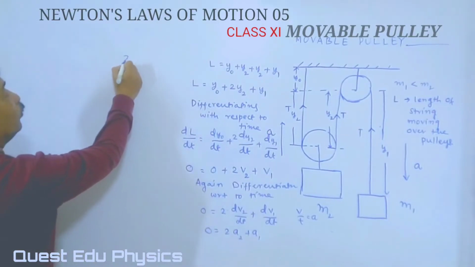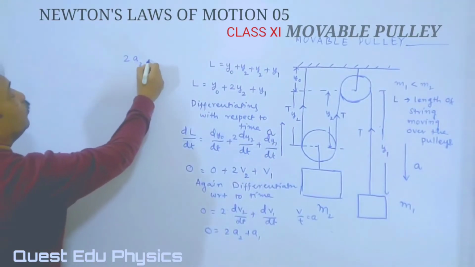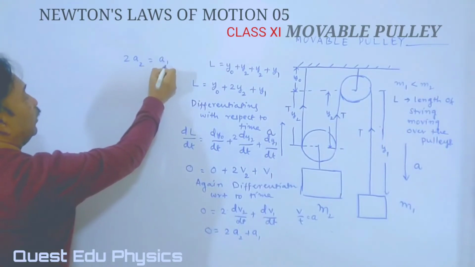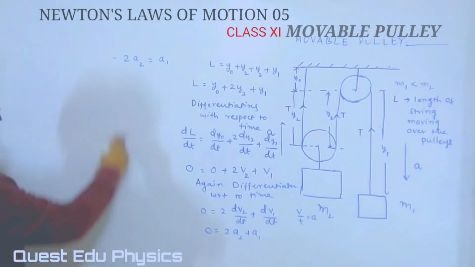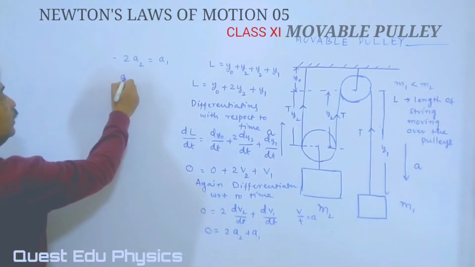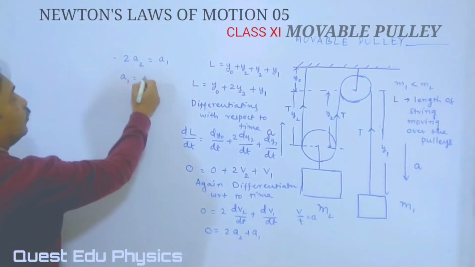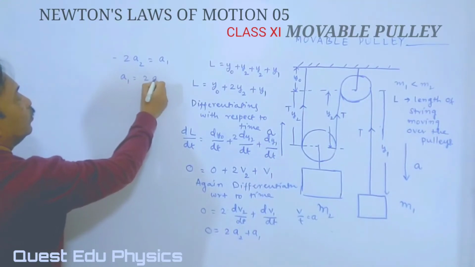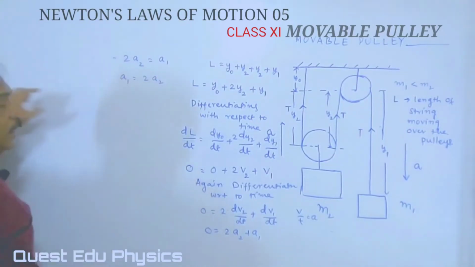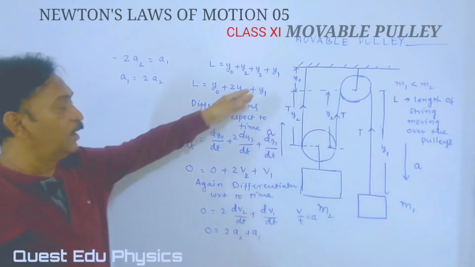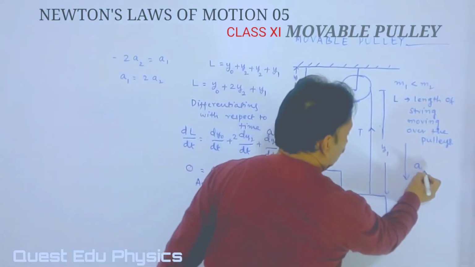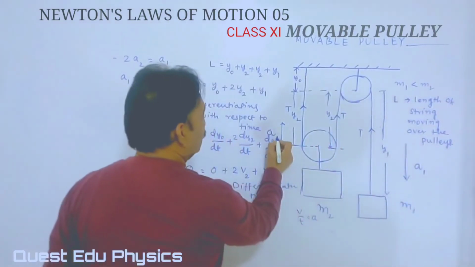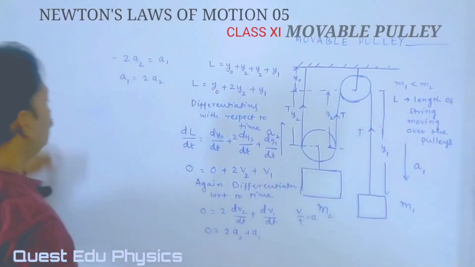2a2 is equal to a1. Okay, students, in this way you can relate the accelerations. Here I am writing it as positive because the accelerations are working in opposite directions.